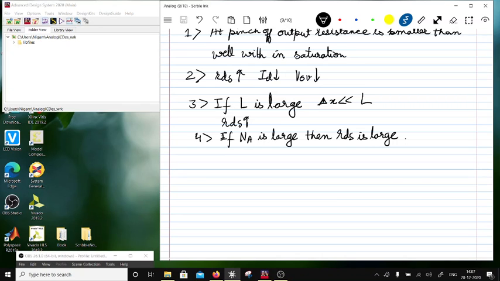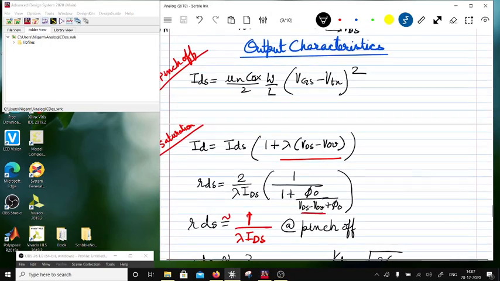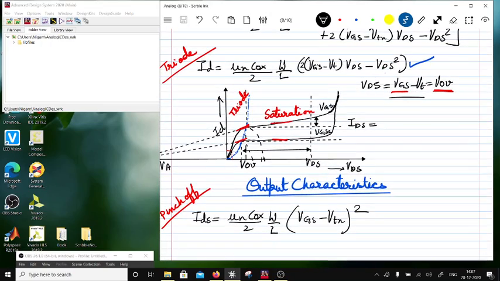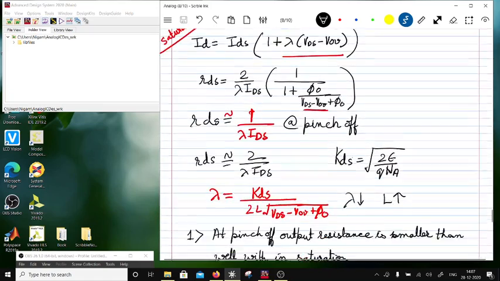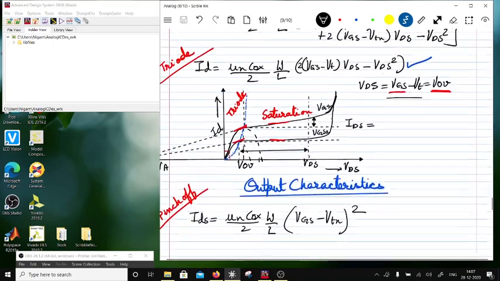And if you are biased right at the pinch off, the resistance is going to be less, almost half of the resistance when you are well within saturation. And the last part is, if the channel is more heavily doped, then delta X is small, and that causes the output resistance to go up. So this is what we have learned from output characteristics.